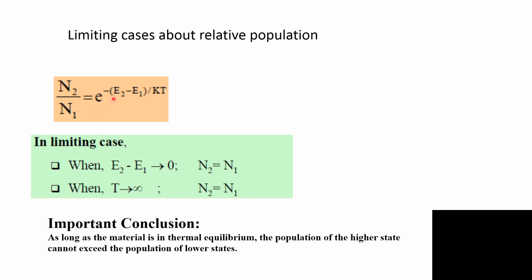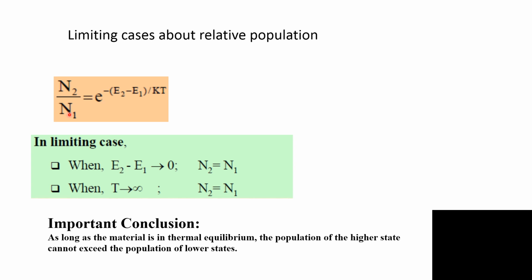Putting it in this equation, this term becomes 0. When this term is 0, exponential 0 equals 1. So the population of the N2 energy level will be equal to the population of the E1 energy level.